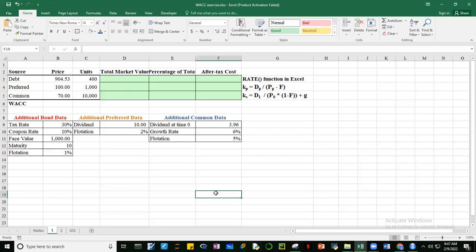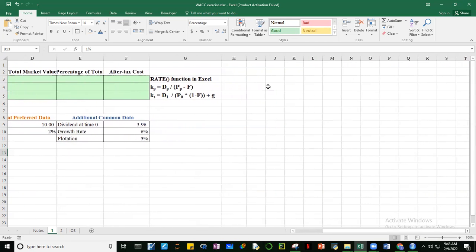Ibig sabihin ng float ng bond para mangutang, no? Tapos ang price ng bond is 904.53 pero babayaran pa nila yung investment firm yung nag-float ng bonds for them ng 1%. So in effect, hindi 904.53 makukuha niya but only 99% nito. Kasi parang may fee to, may fee na 1%.